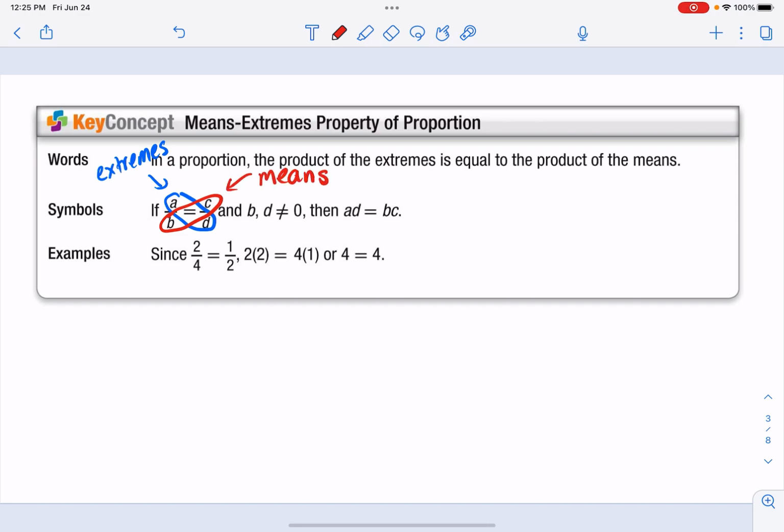I have no idea why they call them that. But when you cross multiply, that's how you solve proportions. A proportion is a comparing of two ratios, and that's how we can tell if those ratios are equivalent.